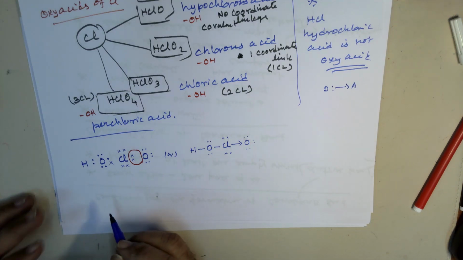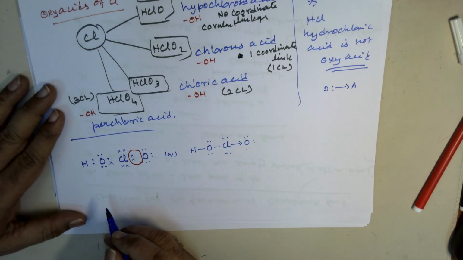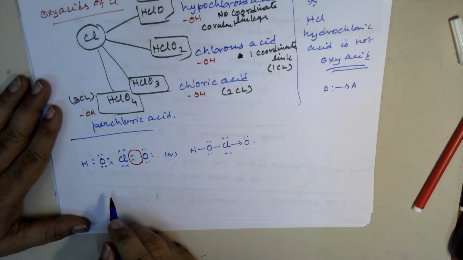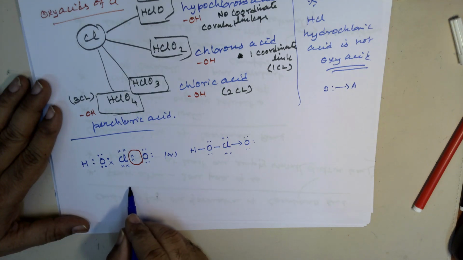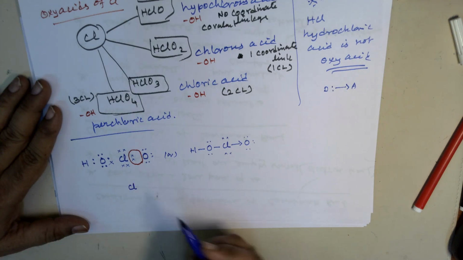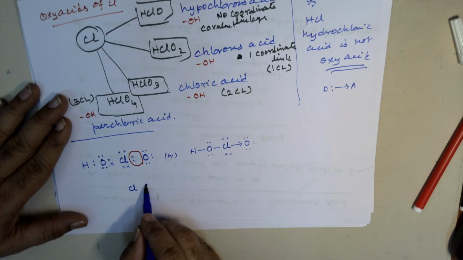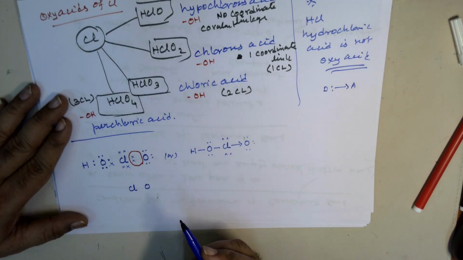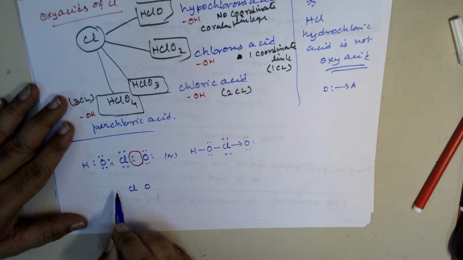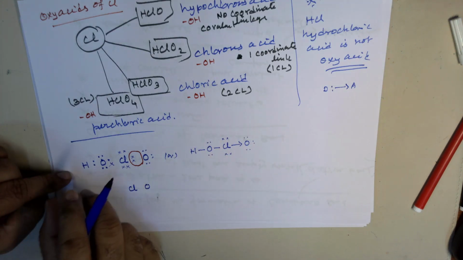Tell me, let me draw. HClO3, let us draw the skeleton. Cl, that is the central atom. And here, oxygen, do it carefully. In all these cases, OH is there.